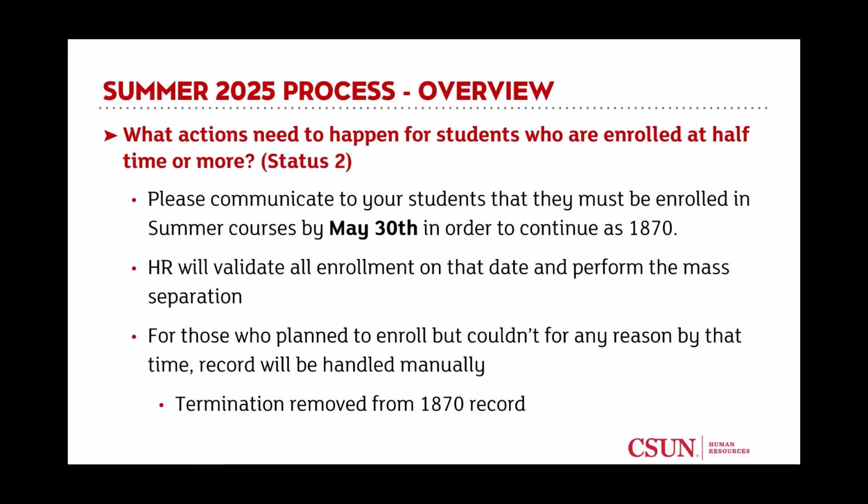The reason is that it's a hard date that we need to go by, which is the last business day in May, to prevent students reporting time under 1870 in the June pay period when they shouldn't be, which causes a lot of problems on the payroll side and having to do all those corrections. So it's better to have this small number of exceptions where the student didn't get the chance to enroll, versus having to do way more cleanup because we waited. That's the reason behind the choice in date here.